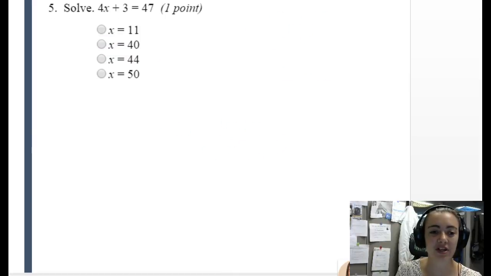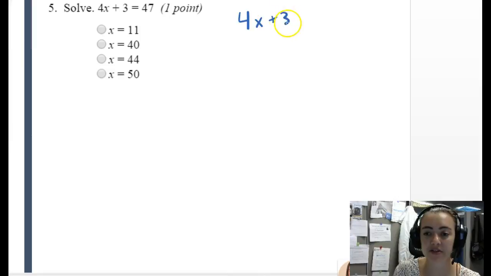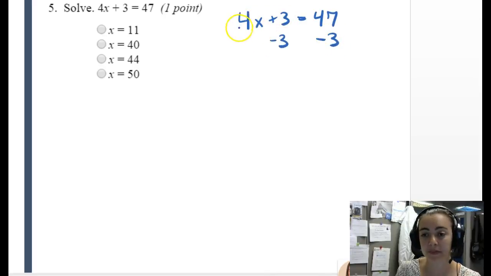For number 5, we're going to solve again. This time we have 4x plus 3 is equal to 47. So we still want to isolate the variable, but we have kind of two things. So let's tackle the addition and subtraction part first. So instead of adding 3, the opposite is subtracting 3.